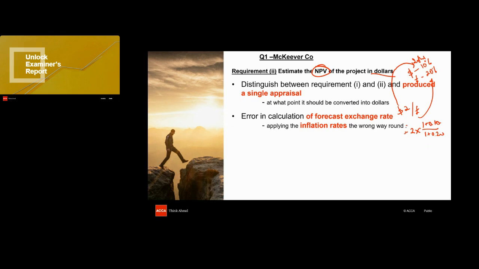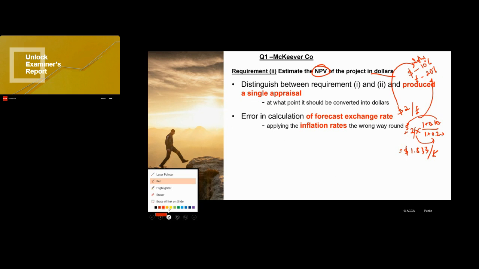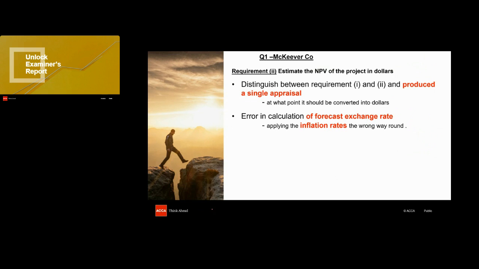So that's how you ensure the first currency on the numerator, the second one on the denominator, so you don't go wrong. So here it will be 2 into 1.1 divided by 1.2, giving you $1.8333 per pound. So take extreme care about where to place the inflations correctly.